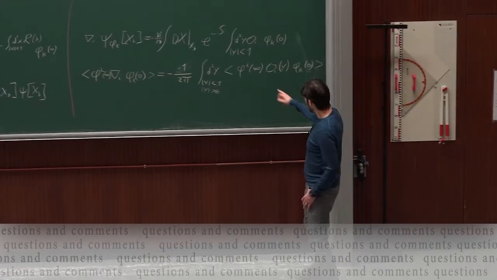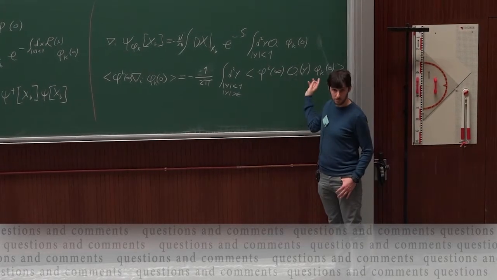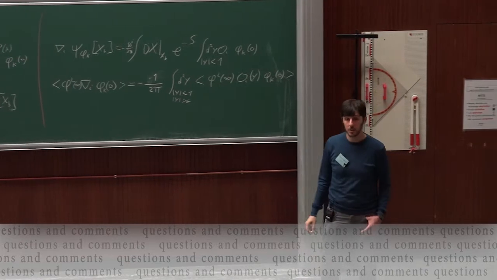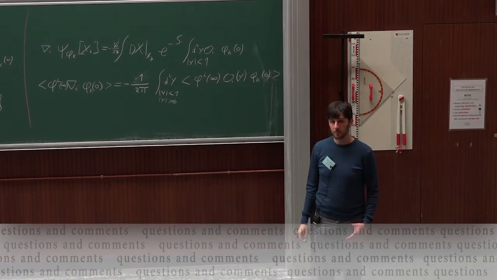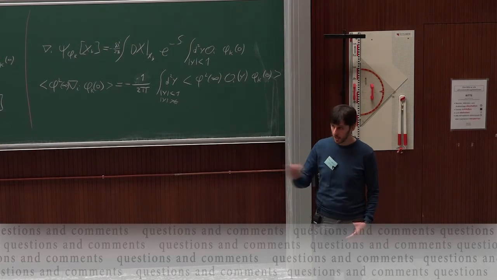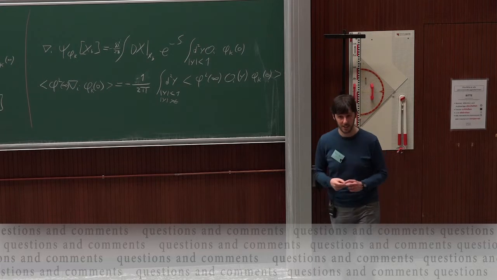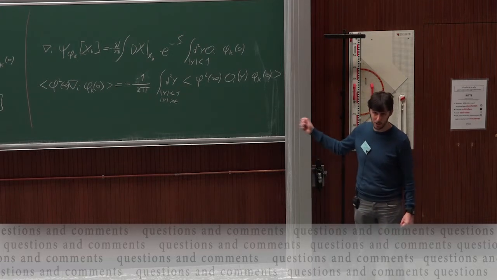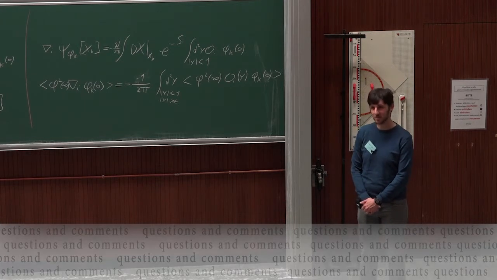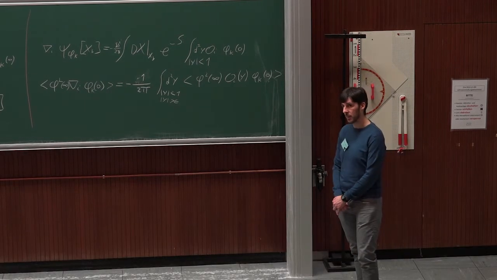Indeed, if these two operators have the same conformal dimension, then the finite piece will actually be 0. But this is fine. I will show you that this is a completely meaningful and consistent result. Actually, exactly what we want. So it's good.